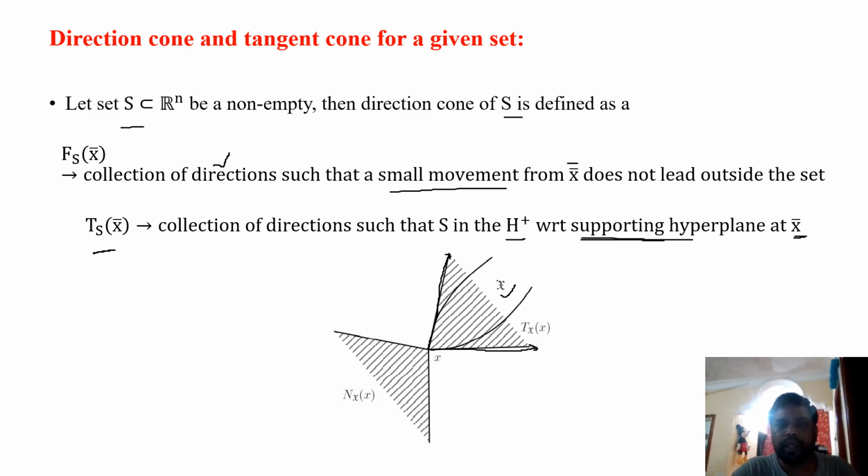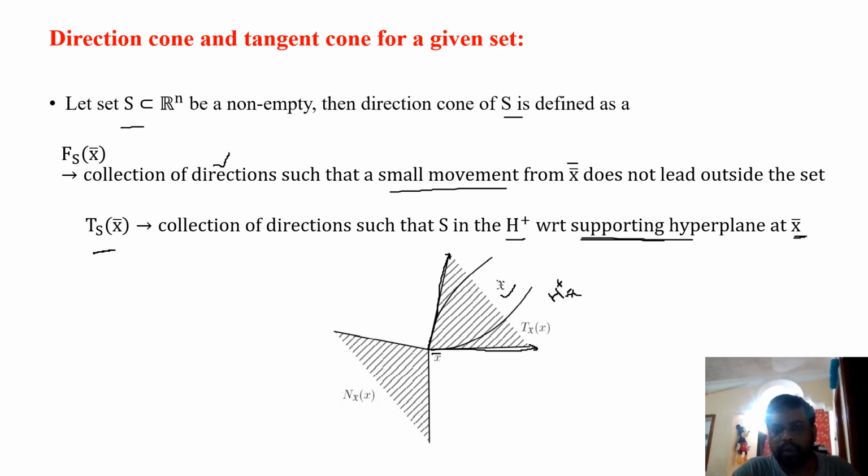You can observe that if you take this direction and define a hyperplane, then definitely the set would be in the positive half of the supporting hyperplane, and this happens for all these directions. The underlying set happens to be in the positive half of the supporting hyperplane.